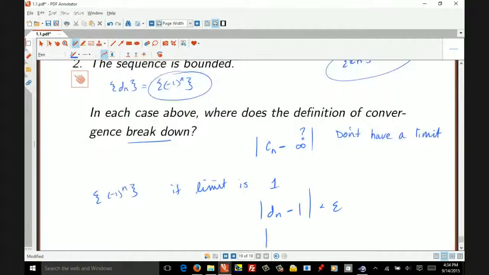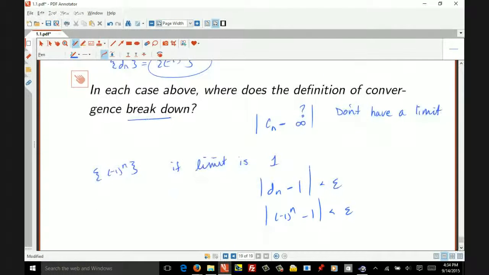And if you plug in your d sub n, now what's going to happen? You're going to fail here. Yeah. It's only true for part of them. So if you're doing a proof and you can't make it work for all the n, then check and see if it actually converges. It might go to 2 different limits, in which case it's not convergent.